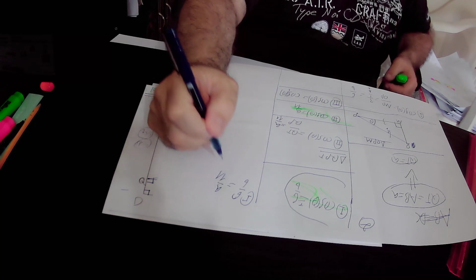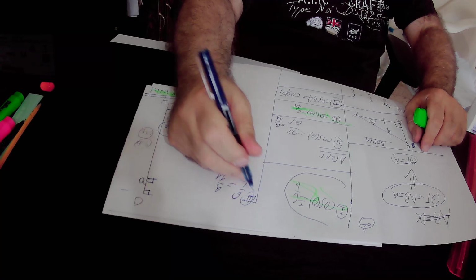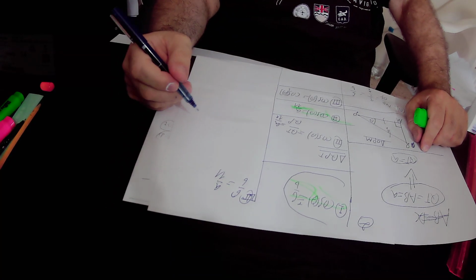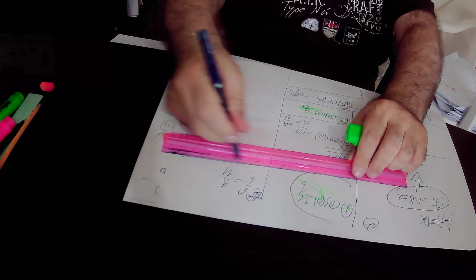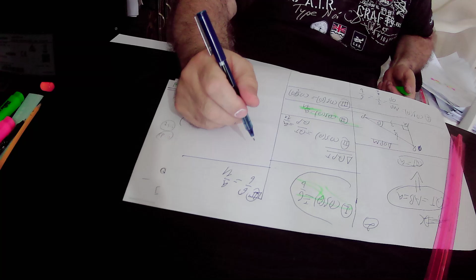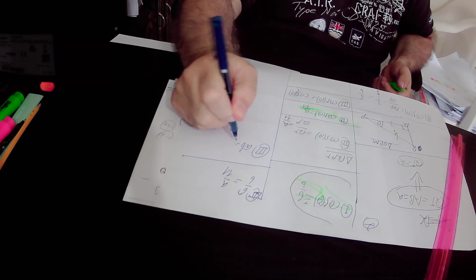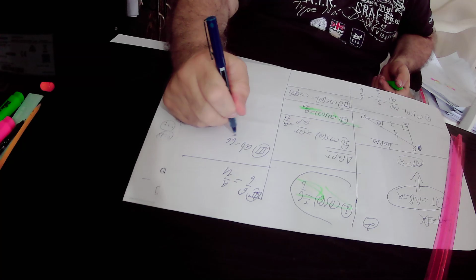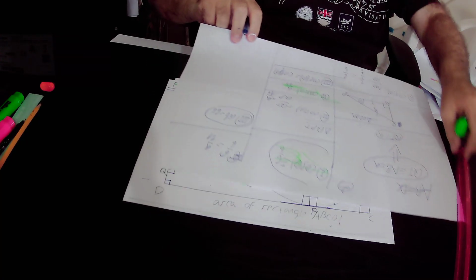So according to equation number 3, 6 over B equals A over 11. Here we'll cross multiply, and we find that A times B equals 6 times 11, that is 66. So according to equation number 3, AB equals 66.